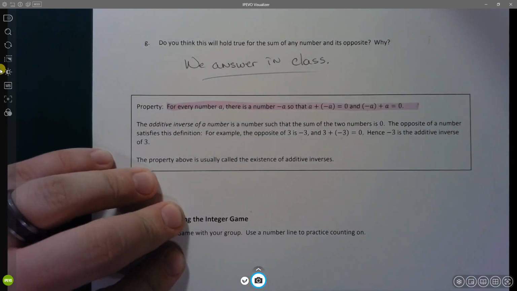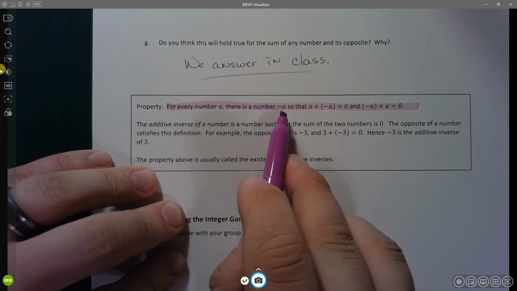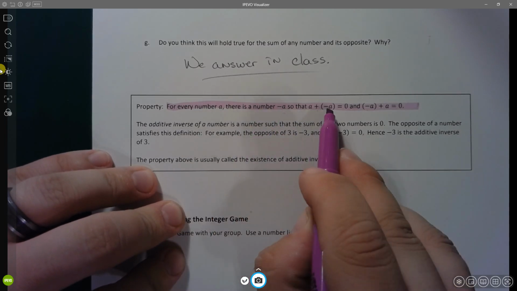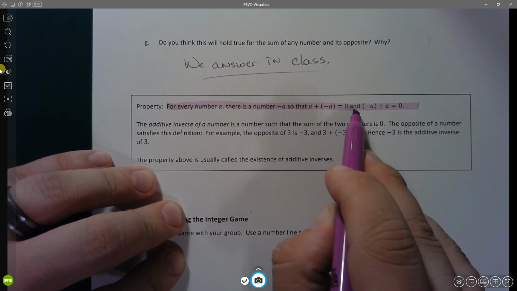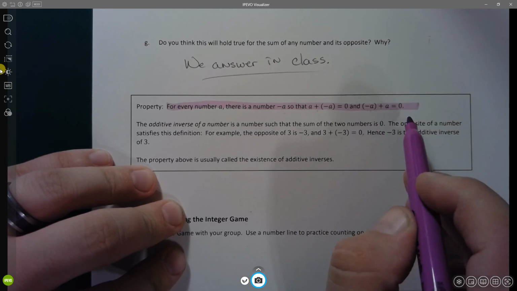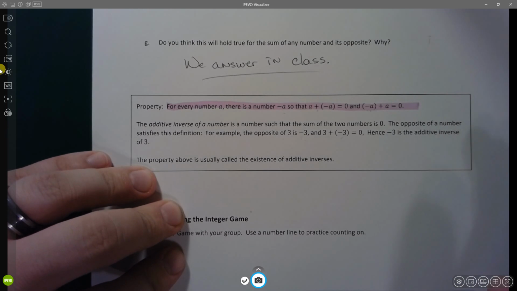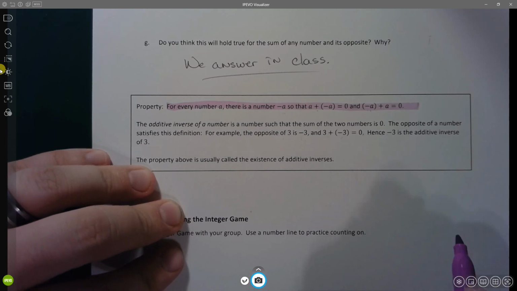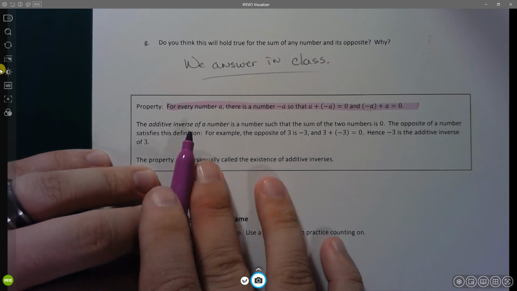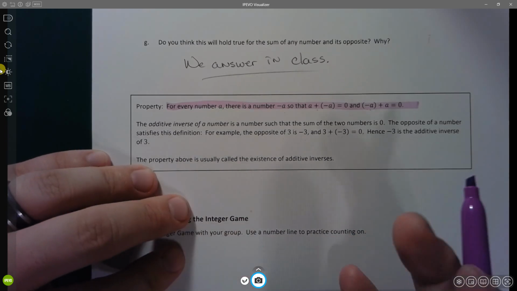What it's saying is that for every number, say 3, there is a -3, so that 3 plus -3 will always equal 0, and -3 plus 3 will always equal 0. It's just a property, no different than the transitive property: if A equals B and B equals C, then A equals C. We're just using letters instead of numbers.